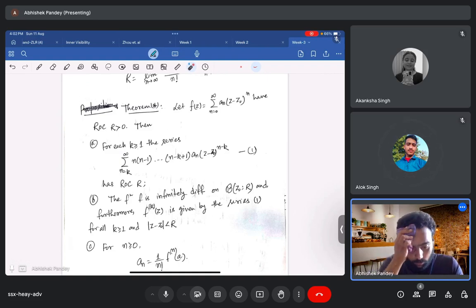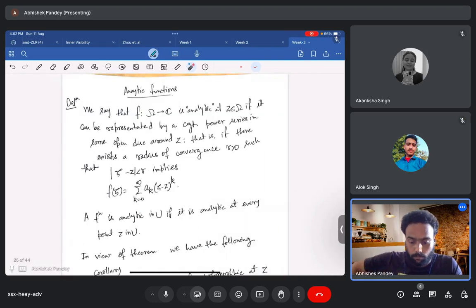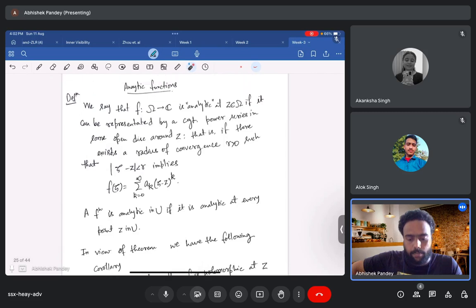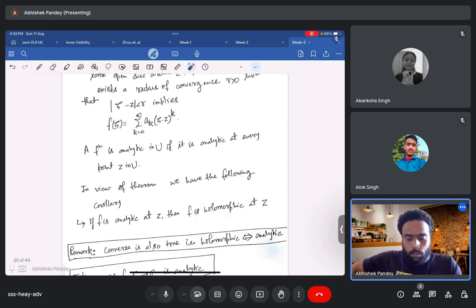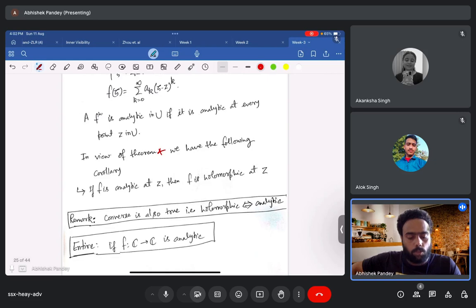So in view of theorem star, we have the following corollary, which says that if f is analytic at z, then f is holomorphic at z. The converse is also true, meaning holomorphic implies analyticity. This we will prove when we study the Cauchy integral formula.